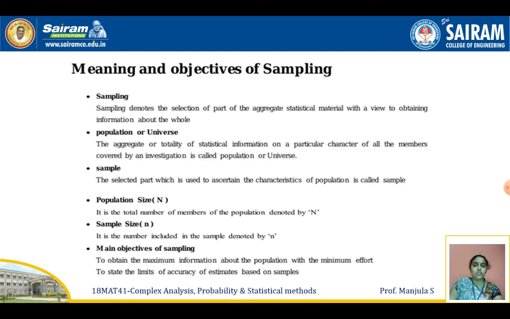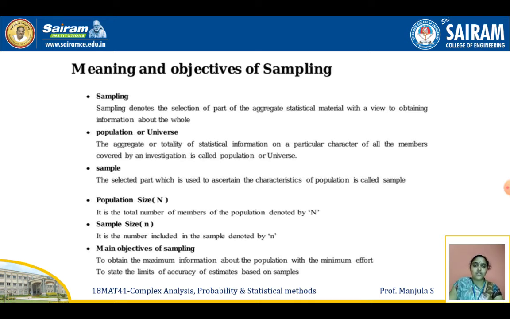What we choose to check is called a sample, and the whole quantity of rice in the vessel is called the population or universe.